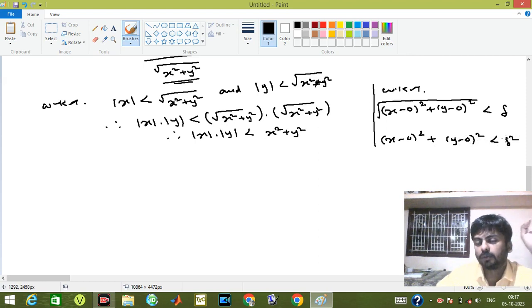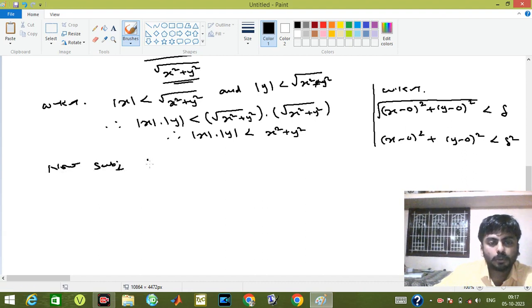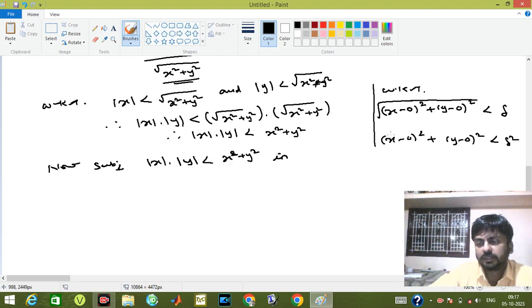That you have to keep in mind. Now we are going to substitute this result. Now substitute the modulus of x into the modulus of y less than x square plus y square in which equation?